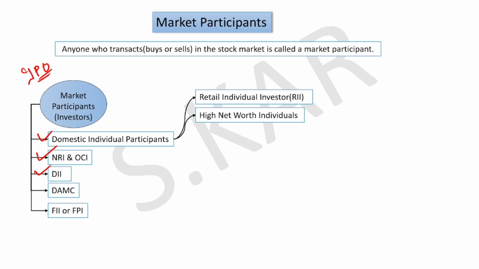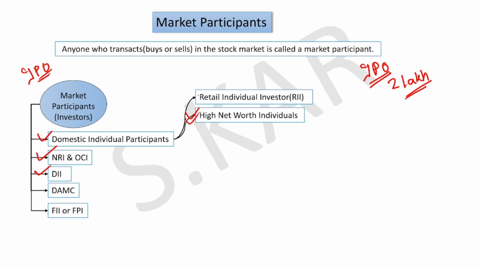Okay, so who are retail individual investors? People like you and me. Now I consider you as poor like I am, so that's why I am calling you retail individual investor. Basically that means if you have a net worth which is less than a crore rupees, you maybe are falling under retail individual investors. But from an investor's perspective, if you are applying in an IPO with more than 2 lakh rupees, then you will fall under HNI, that is high net worth individual.